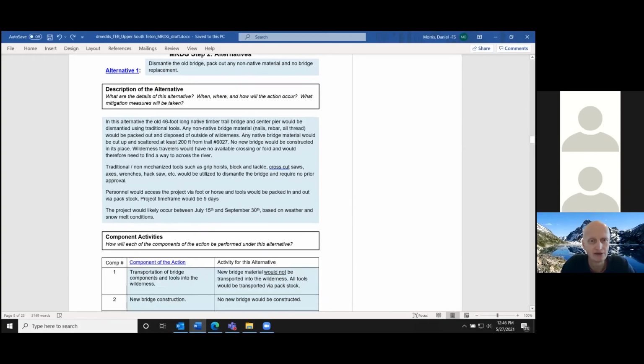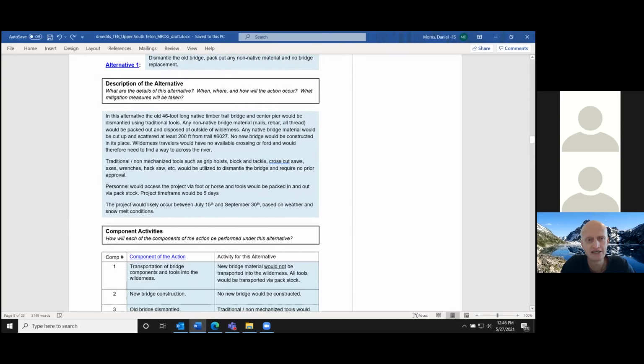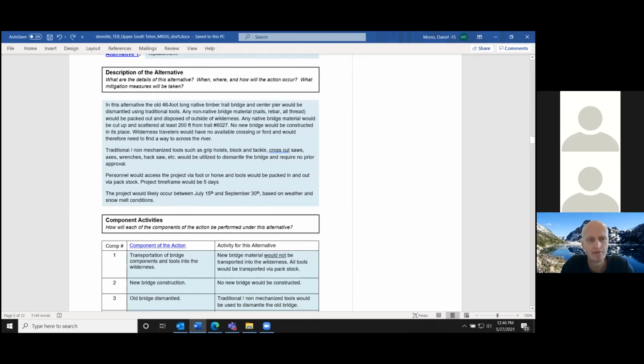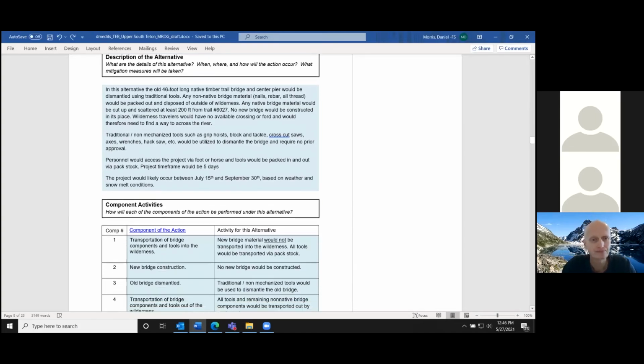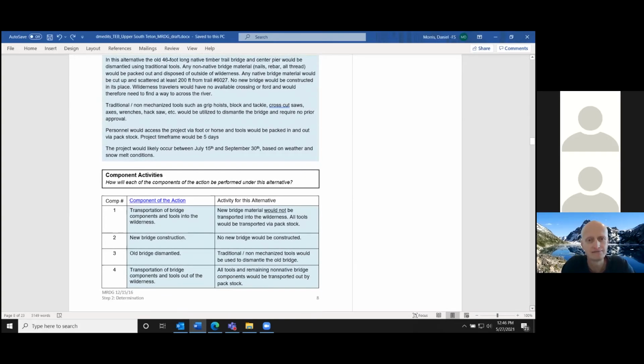All right, and they do a good job of concisely explaining the alternative there. They're not going to use any motorized equipment or mechanized transport. They're going to dismantle the old bridge and pack it out under this alternative.